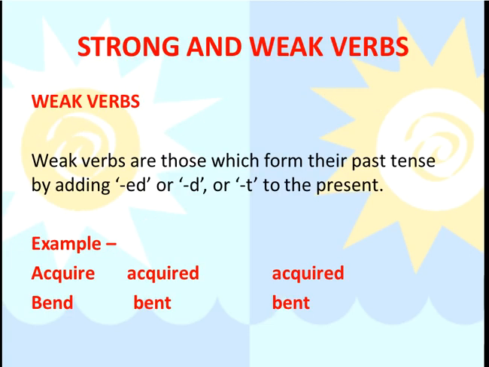There is a simple way to find out whether a certain verb is weak or strong. In the past tense form of a verb, if there is a final d or t which is not there in the present tense, it is called a weak verb. Weak verbs form their past tense by adding ed, d or t to the present.